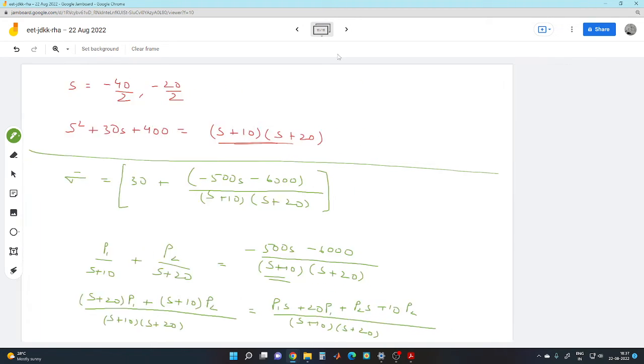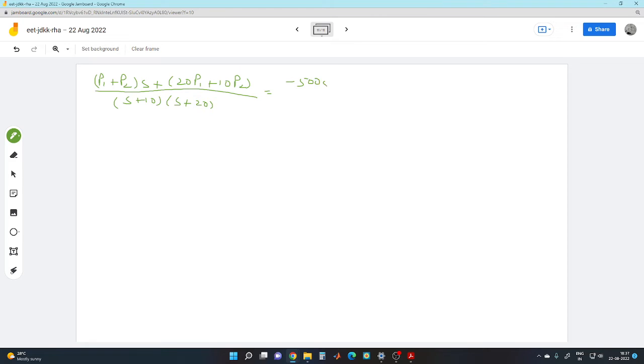We know the expression minus 500 S minus 6000 upon S plus 10 S plus 20. So by comparing the coefficient on both sides, S coefficient will give P1 plus P2 is equal to minus 500, and constant coefficient, or coefficient of 1, it will give us 20 P1 plus 10 P2 is equal to minus of 6000.